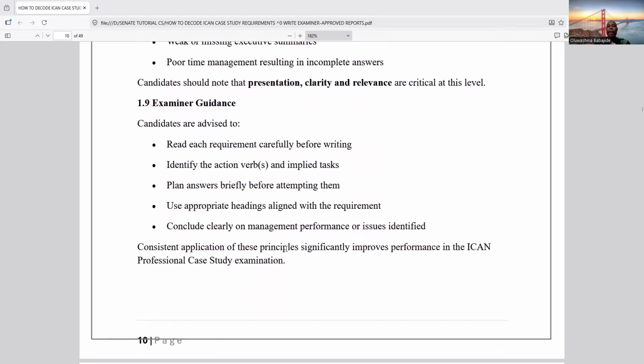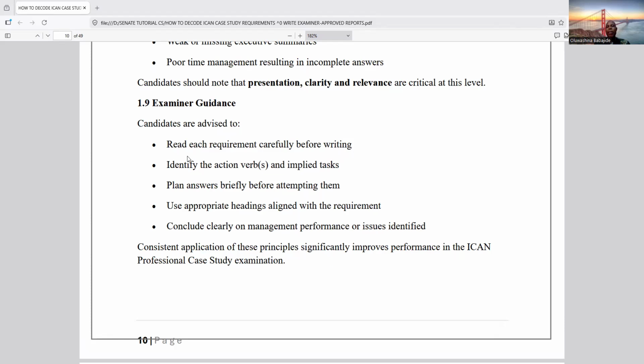Then, the examiner's guide. You can just read through it. Candidates are advised to read each requirement carefully before writing. Identify the action verb and imply tasks. Plan your answer before attempting it.